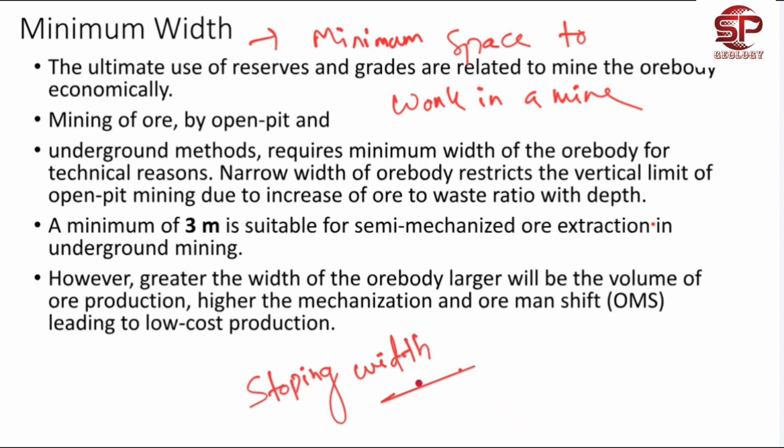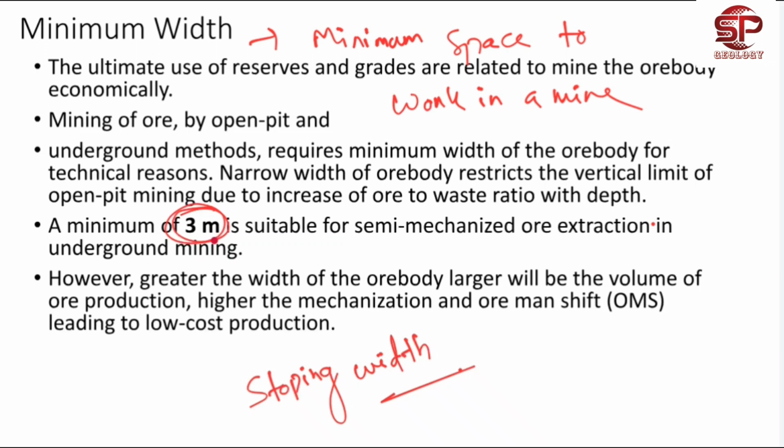The minimum width is the space required to work. In open cast mining, it is very wide space available. In underground mining it is very less. So a minimum of 3 meter wide space is required to work in a mine.